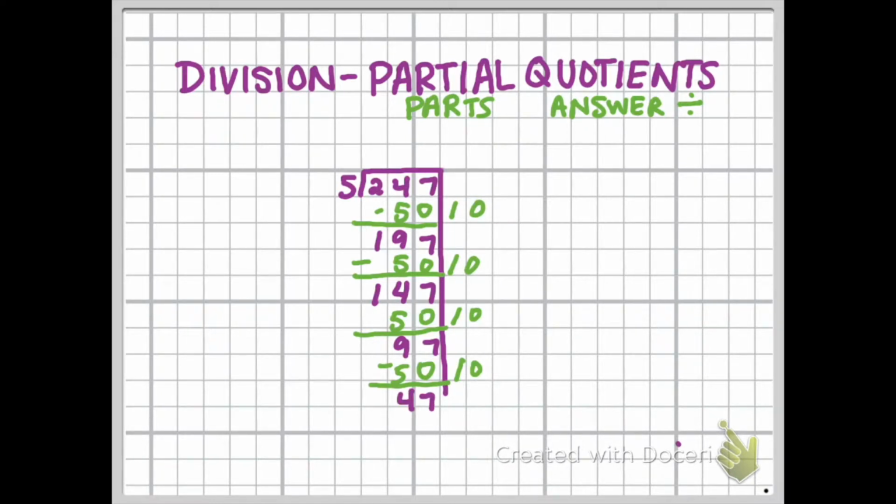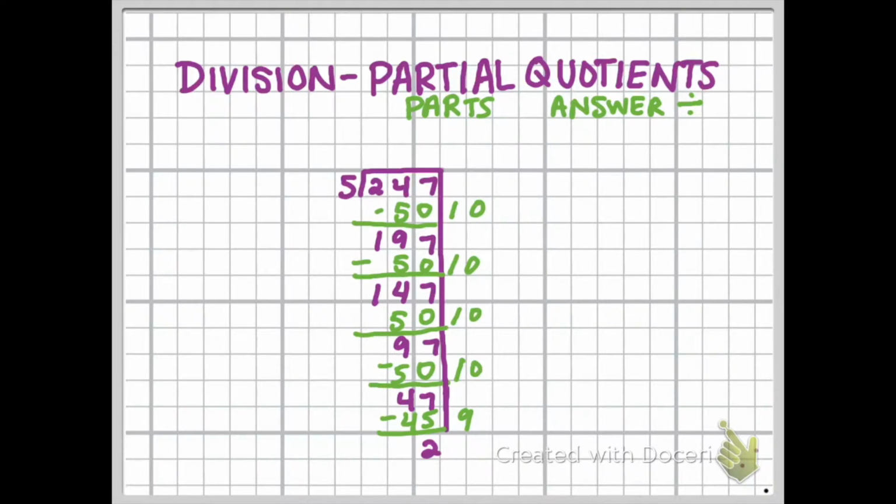So in this case, I have 47 remaining. And I can't multiply 5 by 10 anymore because 50 is greater than 47. So let me take a look at some math facts that I do know. Well, I do know that 5 times 9 is 45. And that can be subtracted from 47. And I have a remainder of 2.